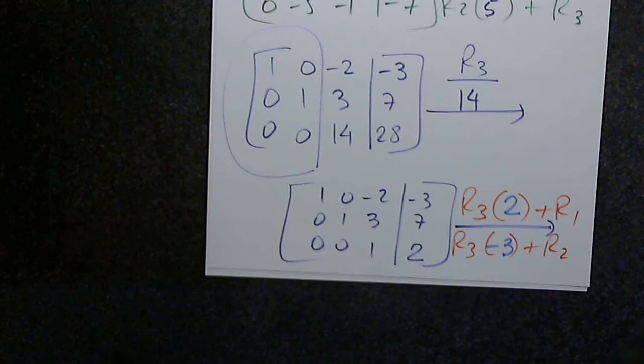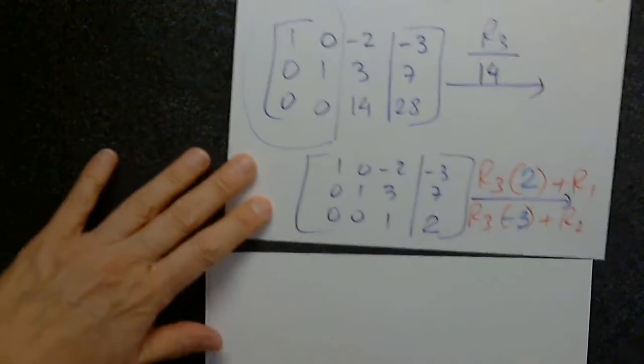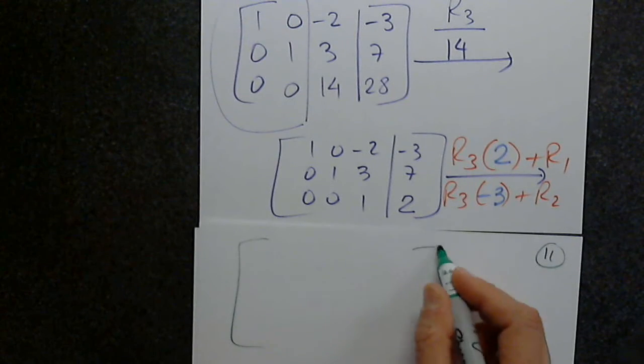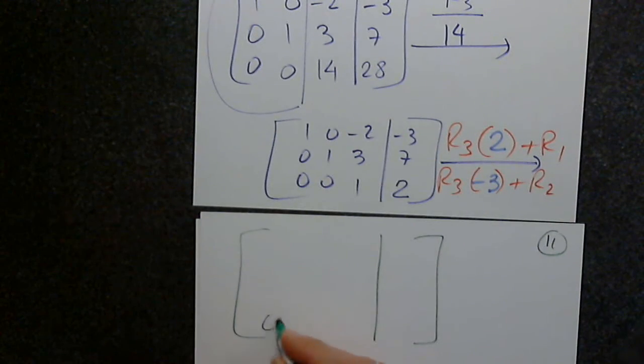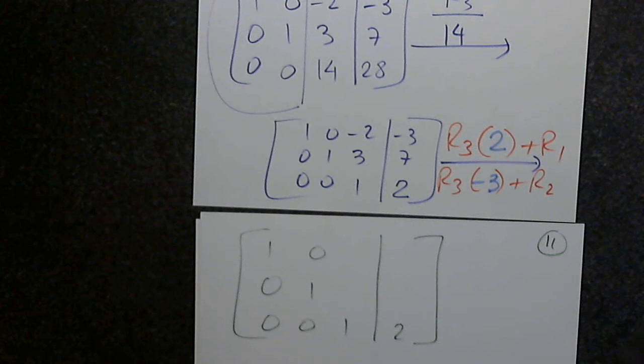And this will be the last step. Tell me when you're ready for the last step. Which row do I copy, which will not change at this point? Exactly. And of course, what I already built. If I destroy what I already built, I'm going backwards and I'm not solving. Okay, very good.